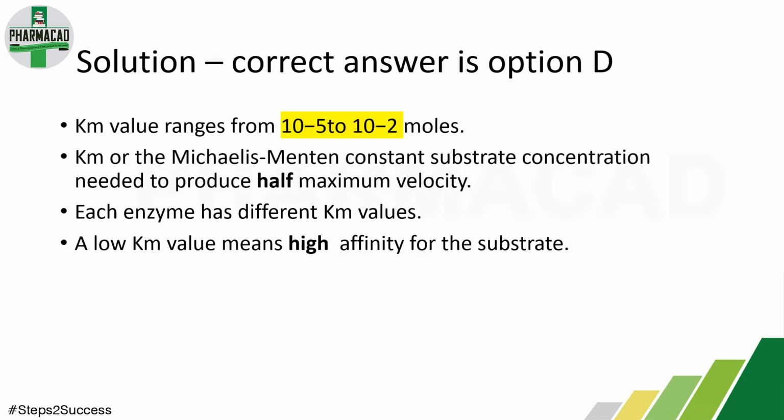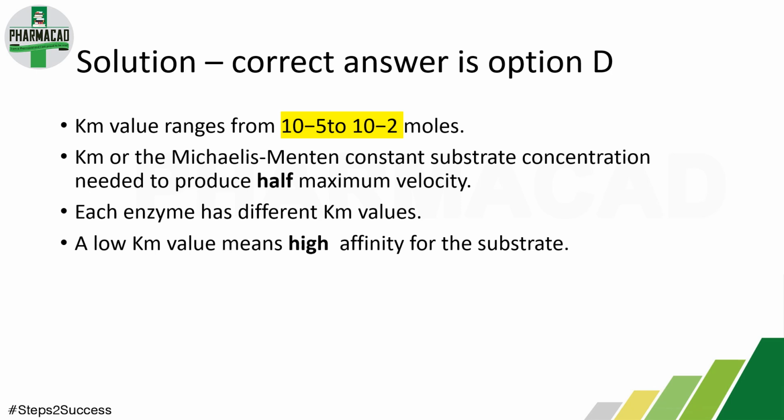Let's understand the other options as well. Km, or the Michaelis-Menten constant, is the substrate concentration needed to produce half maximum velocity. Every enzyme has a different Km value. A low Km value means high affinity for the substrate.